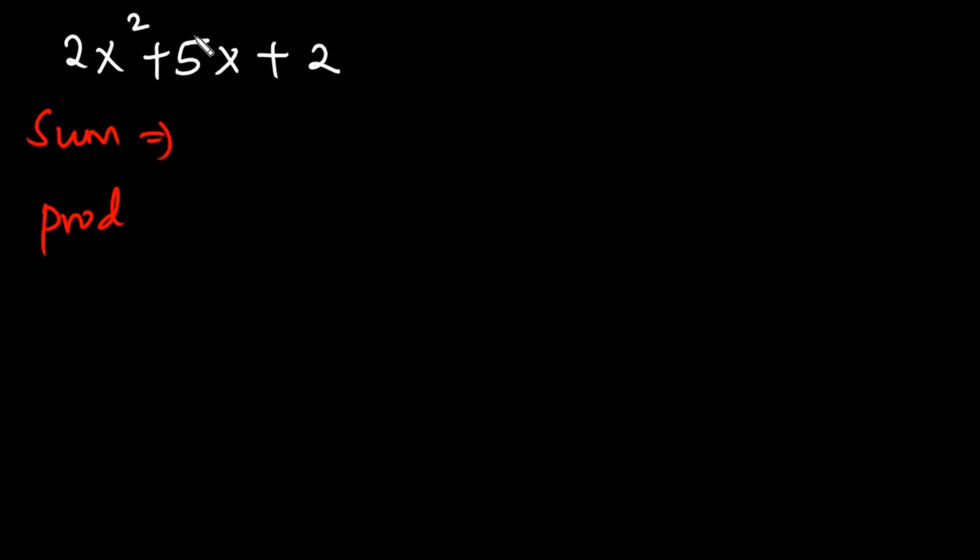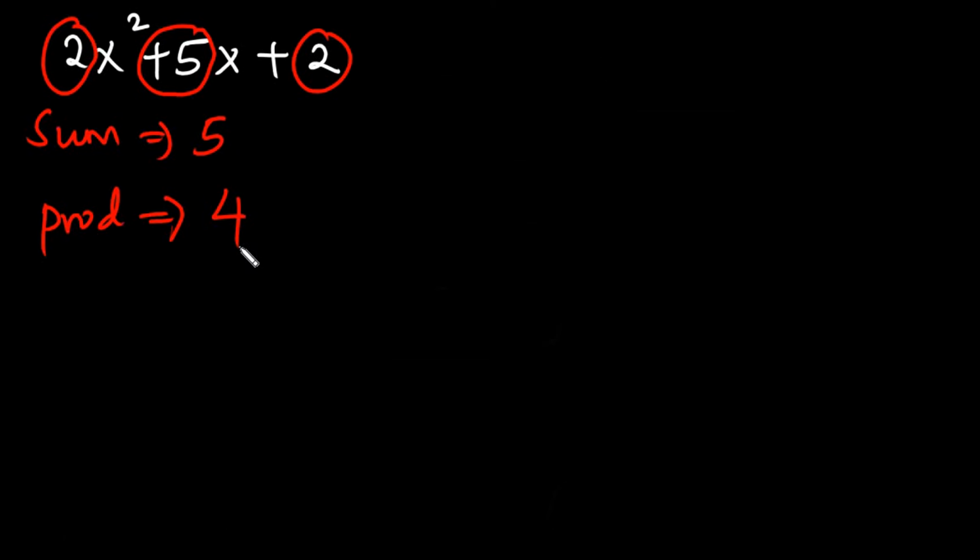For this case, we said that this middle term is what represents the sum. The sum of two numbers is 5, and then the product of those two numbers is this coefficient of x squared times c, or rather 2. So it's 2 times 2 is 4. So the product is 4.